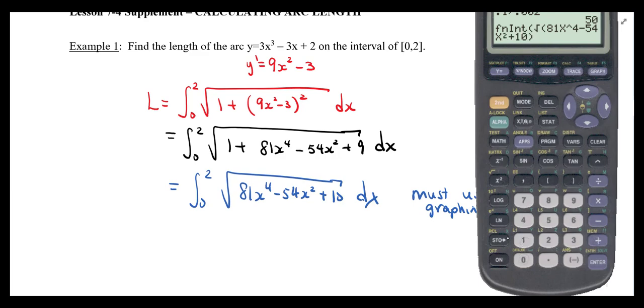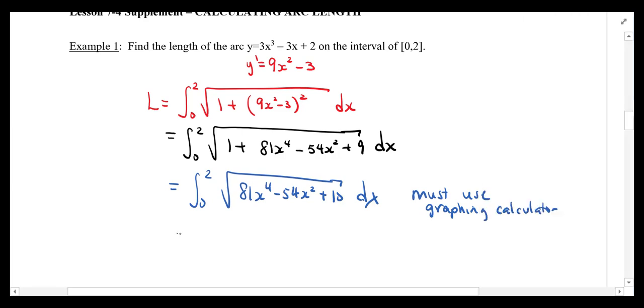We'll close the bracket. Put a comma. The variable's x, starting from 0 to 2. Still thinking. Oh, there you go. 20.633. Once again, 3 decimal places for the AP exam. And that's the arc length.